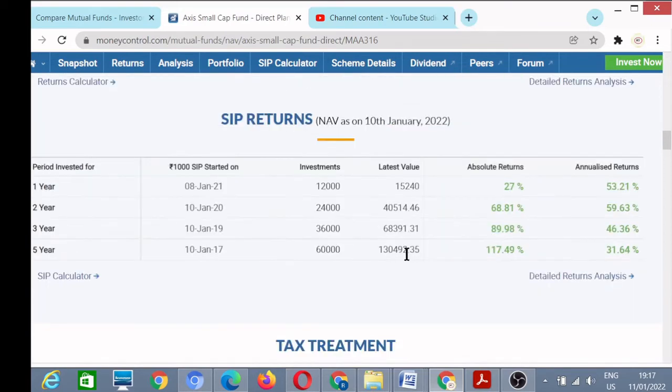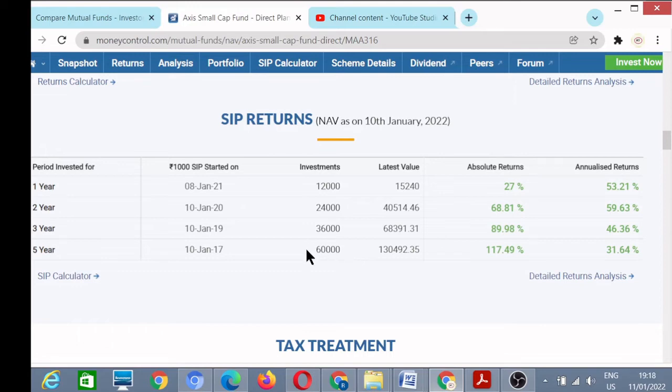Now we can see the performance of this fund if you had invested in SIP mode. If you had invested rupees 1000 five years back, then your returns would have been like this. The total invested amount was 60,000, 1000 per month, in 5 years.